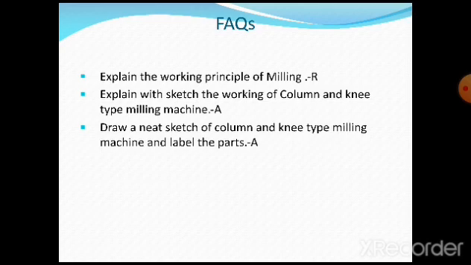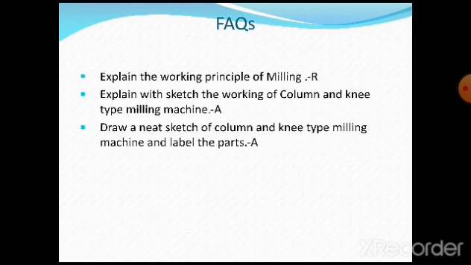You need to study properly the following types of questions, like the working principle of a milling machine, which we have discussed. We know that the workpiece is fed against a rotating multi-point cutter known as a milling cutter, and the different parts of a column and knee type milling machine with their functions you need to study, and in brief the working of the column and knee type, how you are going to hold the workpiece, and what is the function of a milling cutter, of a table, of a saddle, of a column.